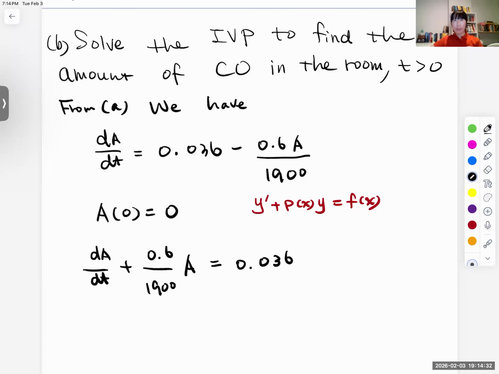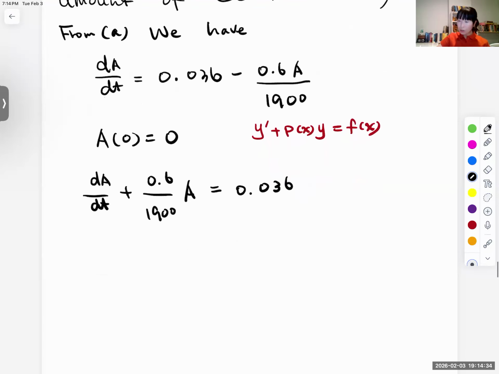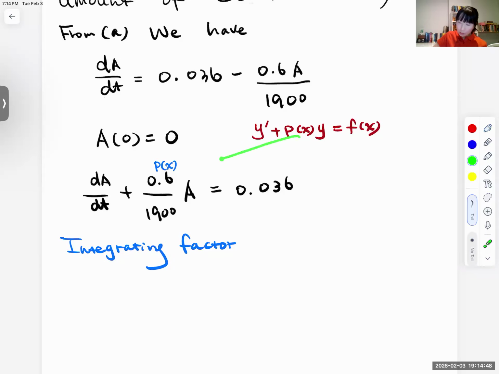0.036, right? Okay, integrating factor. What is a polynomial? This is P of x. Can you see that? Matching here? Okay, so that will be e to the integral of P(x) dx, right?